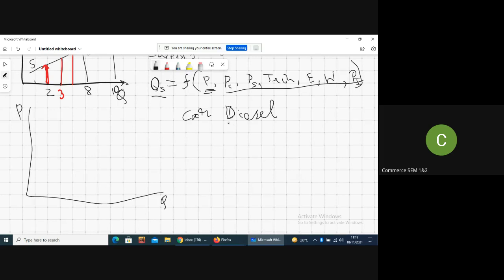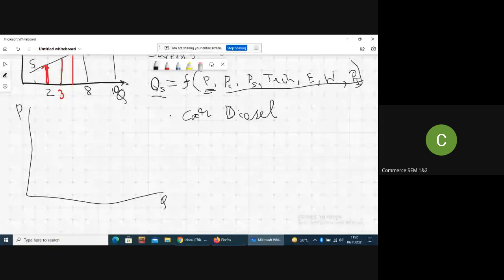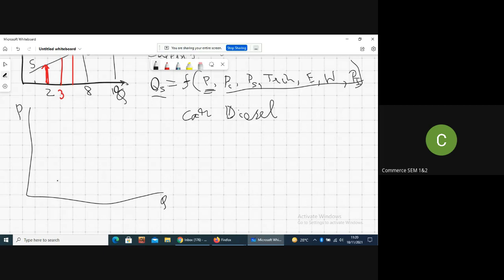So now we want to see how the supply curve of cars will be affected if the price of diesel goes up. Say initially this is the supply curve of cars. Say this is SC. C stands for car, not complementary here.